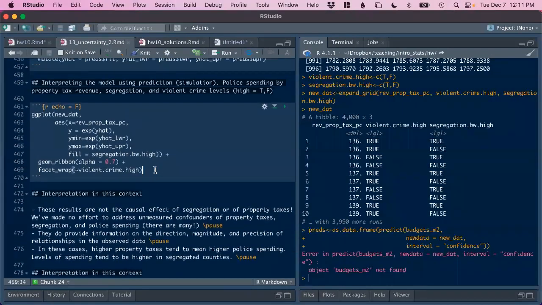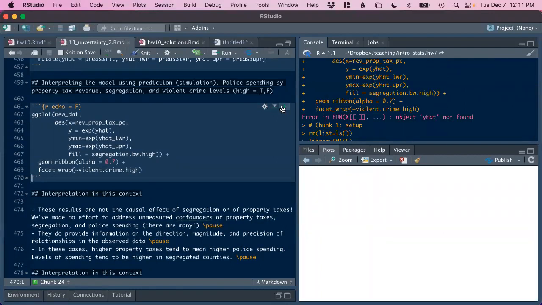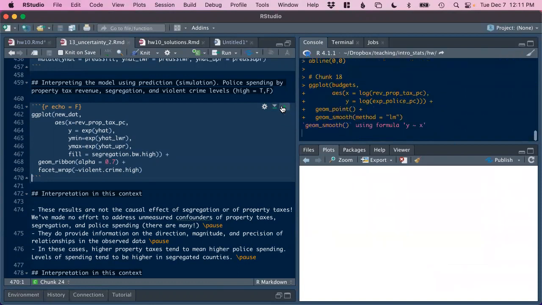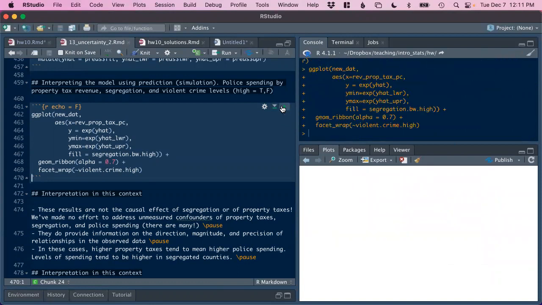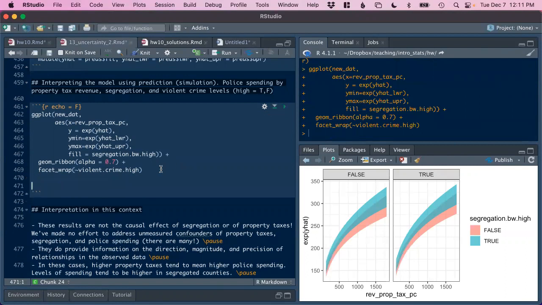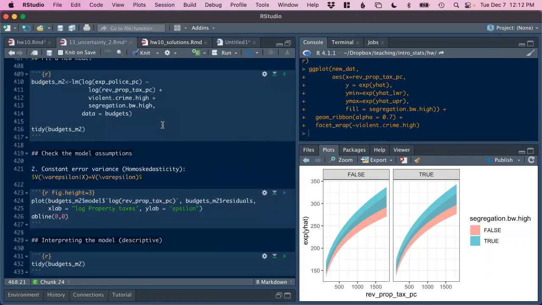So we have one way we could check that. What's the data called?